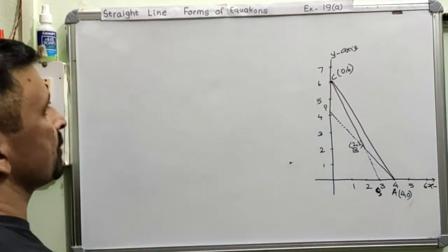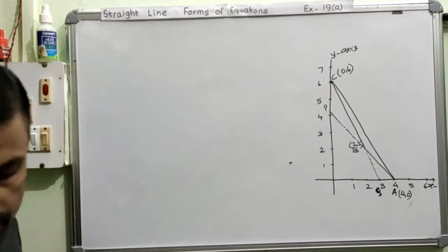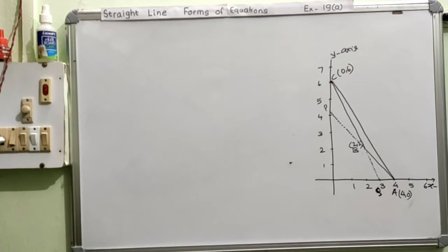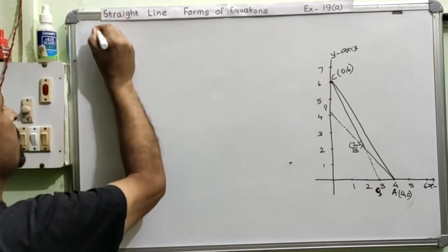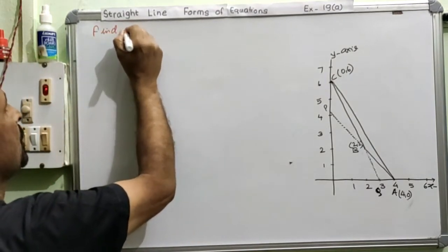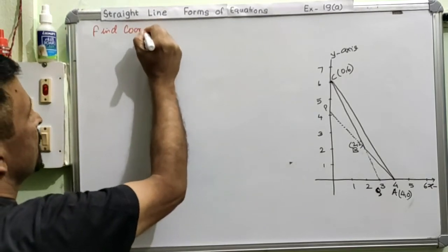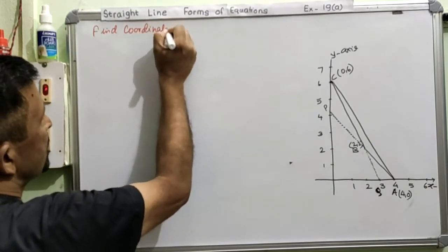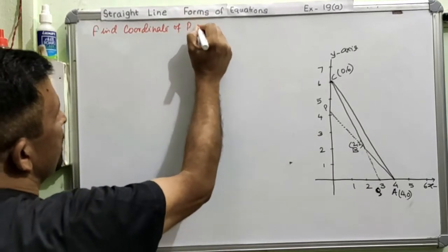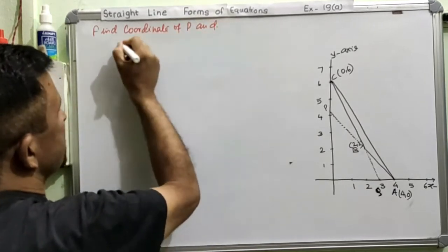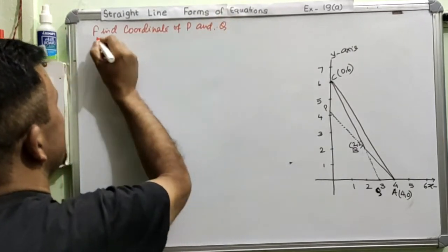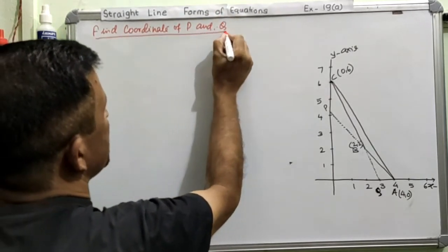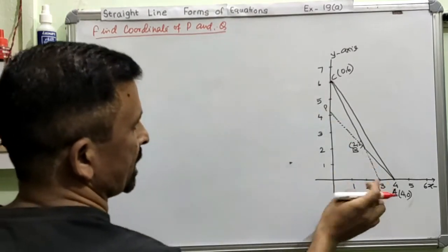So I will write here for your convenience the first part of this question: find the coordinates of P and Q. This is the first part of the question. So first of all, we will see how we can find the coordinates of P and the coordinates of Q.